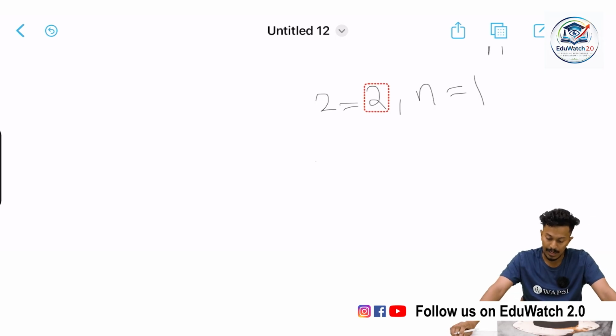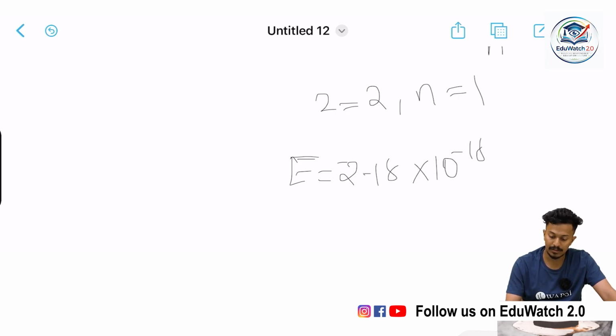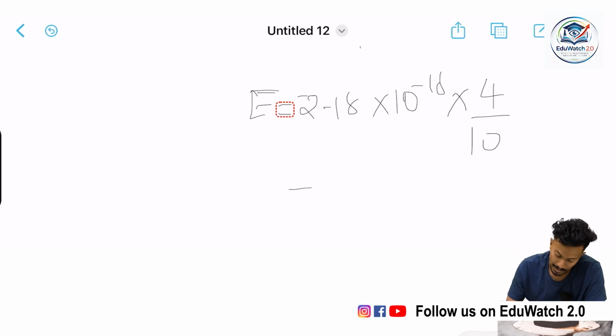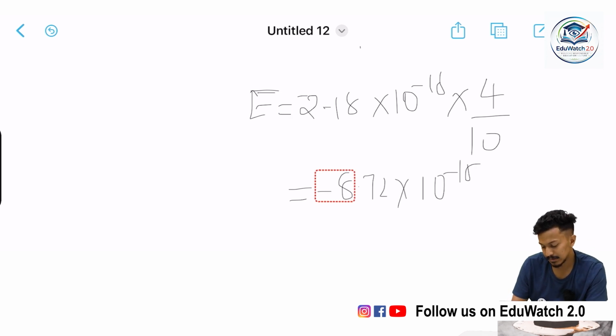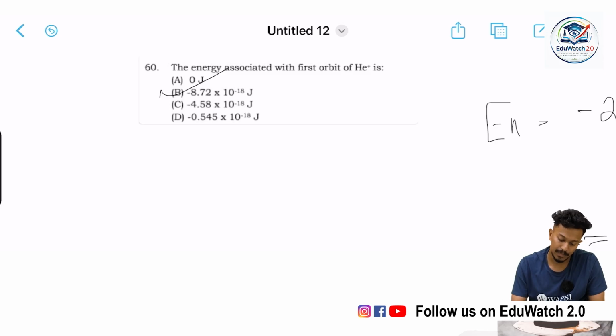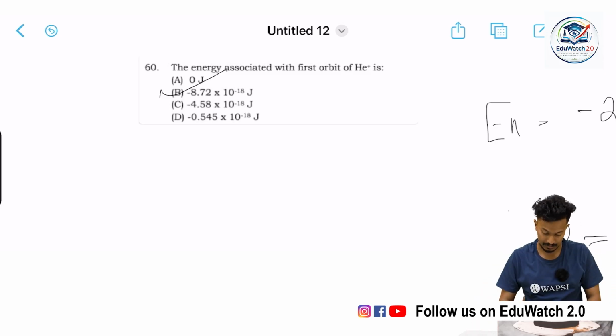So E is equal to minus 8.72 into 10 raised to minus 18 joule. Option B, minus 8.72 into 10 raised to minus 18.